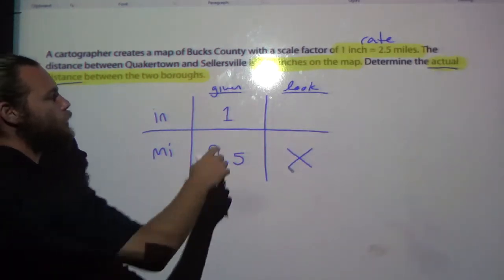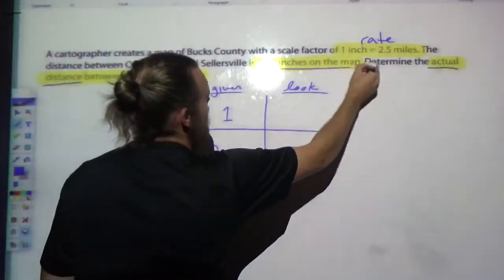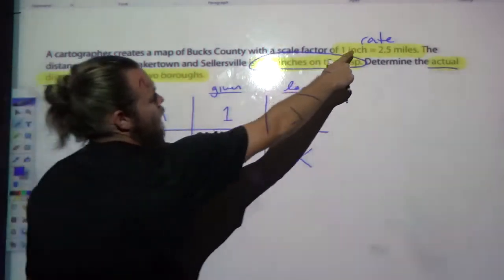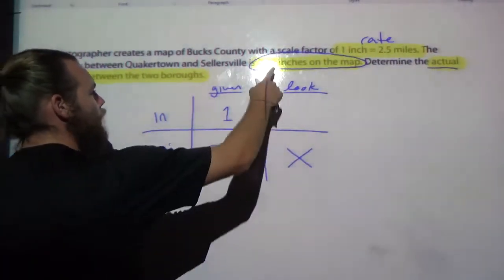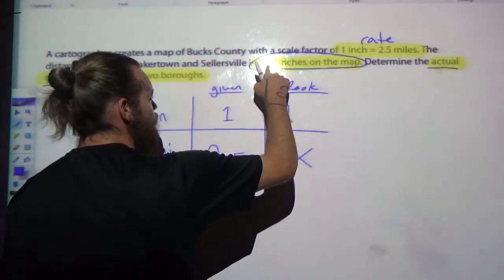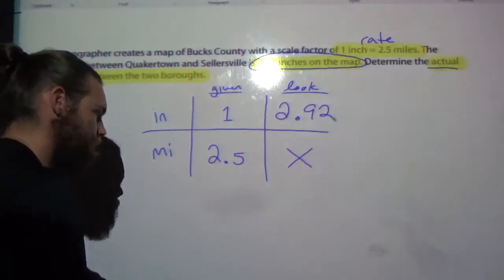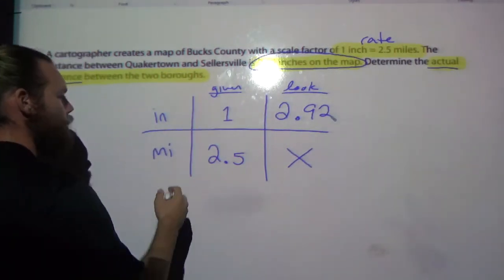They also tell us that the distance is 2.92 inches on the map. Of the two things they gave us, the inches refers to the map. So we're going to put what they gave us, 2.92 inches.